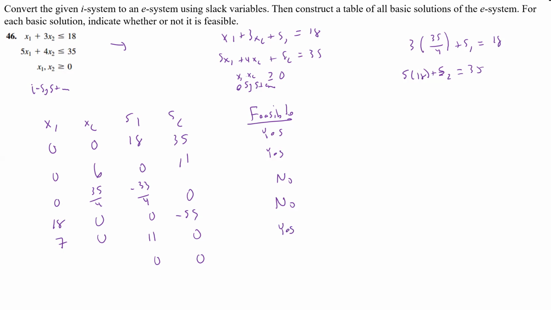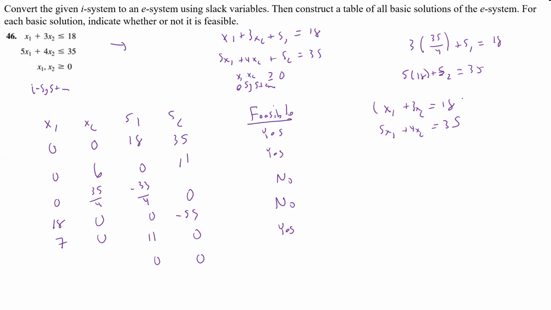And now if those are both 0, then we have to do a simplification. So we're going to have to say, okay, well then x1 plus 3x2 equals 18, and 5x1 plus 4x2 equals 35. All right, so now we have to get rid of some variables here.